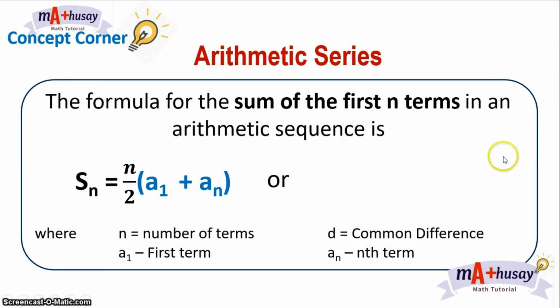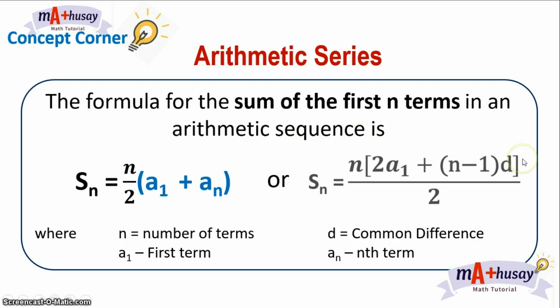The second formula that we have discussed in Lesson 8 is S sub n equals n times the quantity of 2 times a sub 1 plus the quantity of n minus 1 times d, all over 2. This time, we will apply these concepts in solving word problems. Let's start.